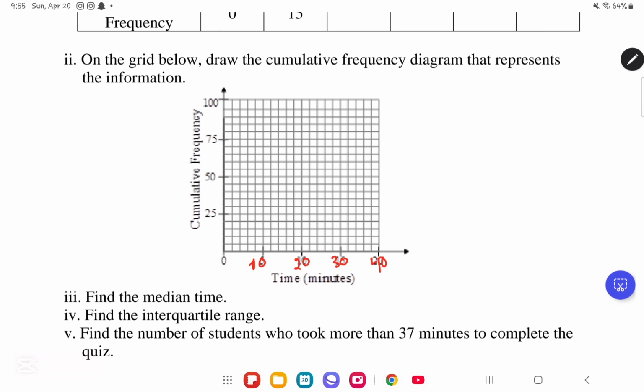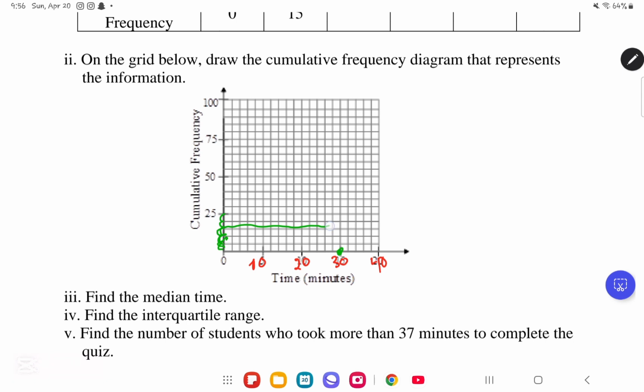So at time 30, it was 0. At 32, it was 15. Let us take it as 1, 2, 3, 4, 5, so each one is 5. So 5, 10, 15.